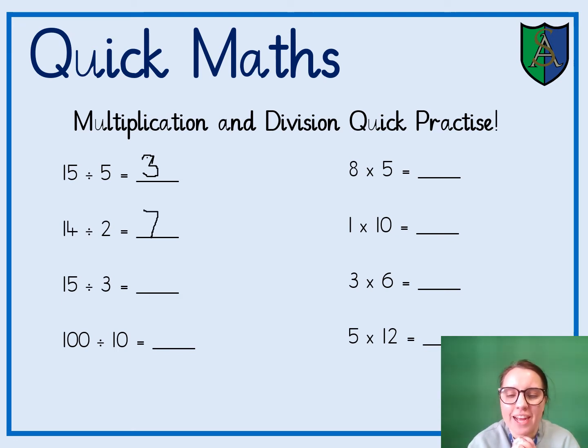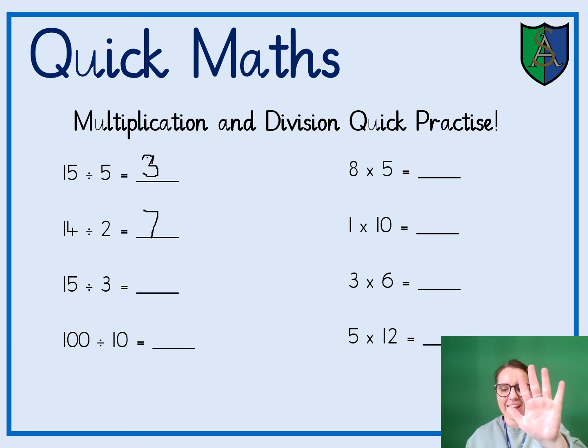Okay, 15 divided by 3. Well, I know the answer to this one already because it's at the top, isn't it? Because we can just swap those numbers around and we would get the answer. But I am going to demonstrate how I would have found it if I was counting my 3's. Count with me. 3, 6, 9, 12, 15.